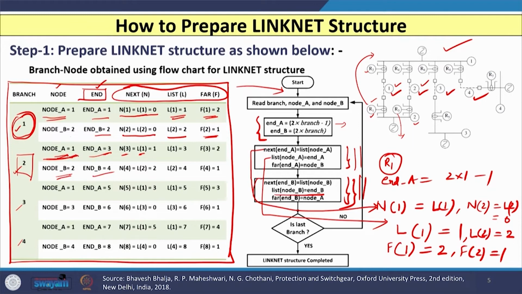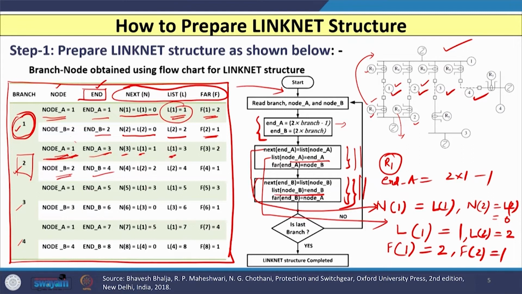So, that is L1 and that is equal to 1, because you see that the available value of L1 is 1. So, whenever you calculate the L1 value you have to take the latest value. Similarly, when you take the next one, that is list node A. So, L node A is equal to 1 for this branch.